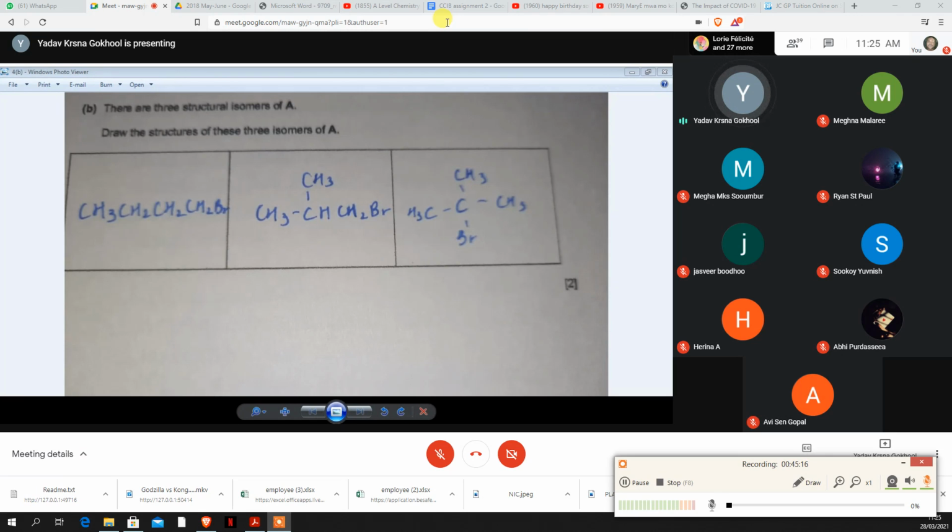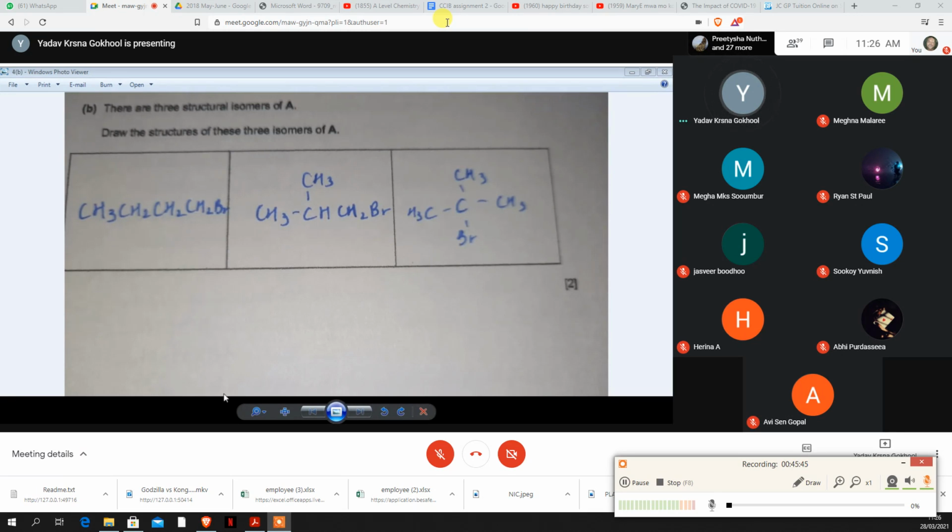It comes in the isomerism that we spoke earlier, which is structural isomerism. In the earlier question, structural isomerism.